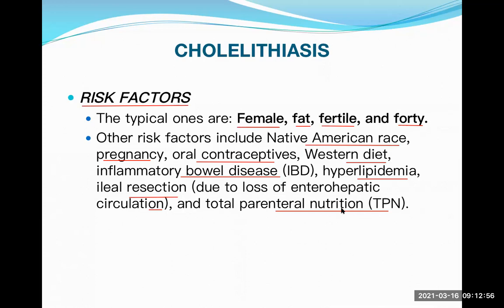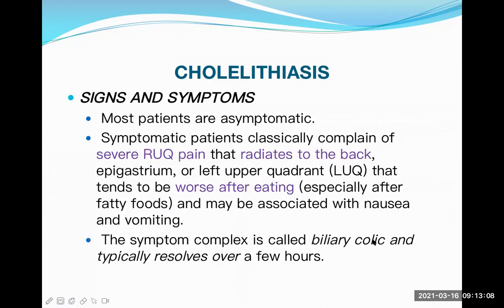So there are multiple mechanisms by which TPN can cause cholelithiasis. Let's move on. What you have learned is that it is very common in females, and those females are relatively overweight or obese, in the reproductive age group. These are the main problem here.